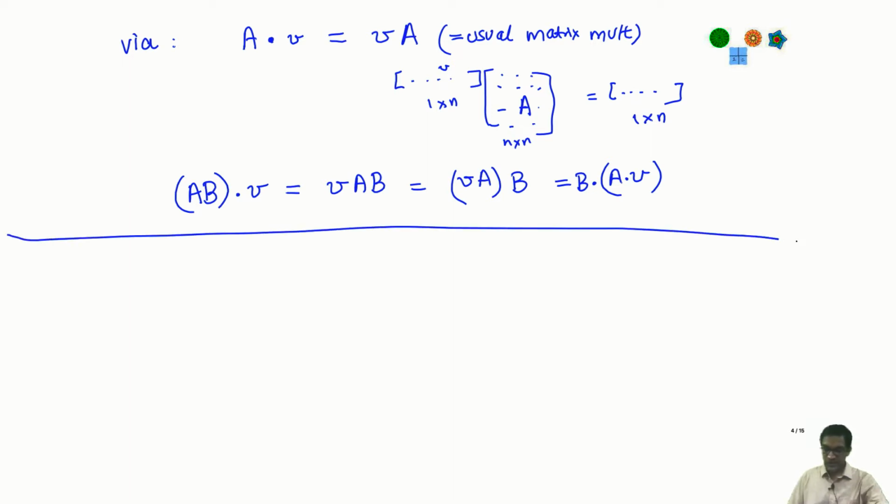So row vectors with this definition form a right module. Column vectors with the usual matrix multiplication form a left module.